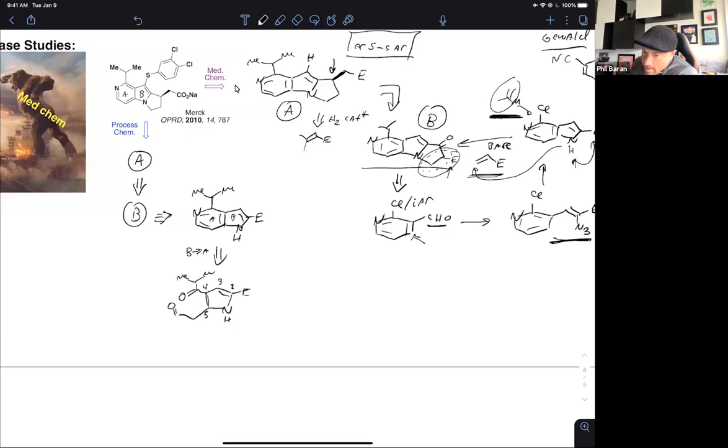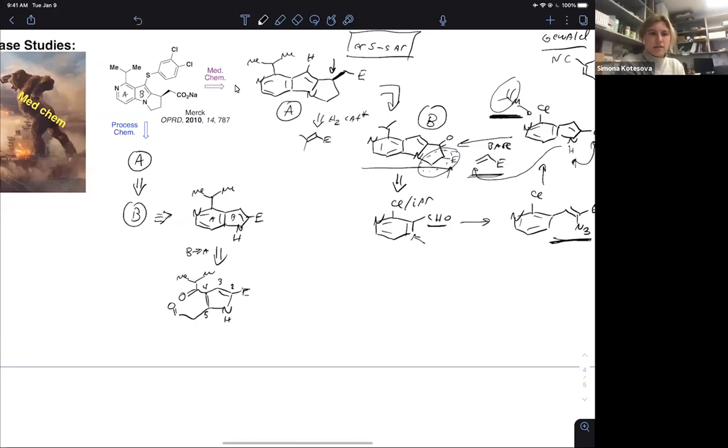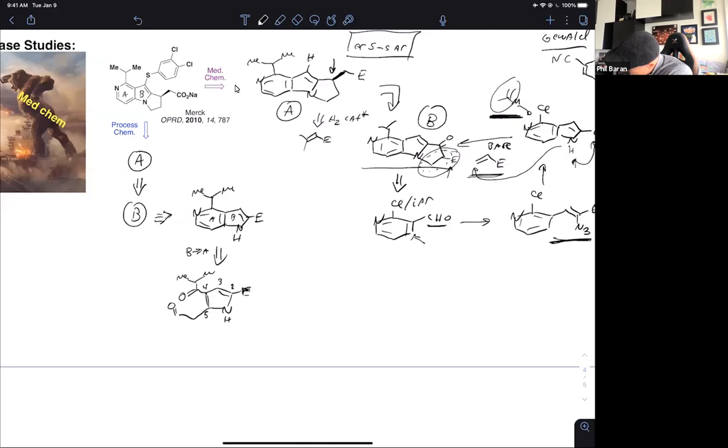Which of the positions on the pyrrole, Simona, are innately activated to make a carbon-carbon bond, ready for you? C2, so the 5 position. So C2 and C5, we know can come from some sort of Friedel-Crafts event.